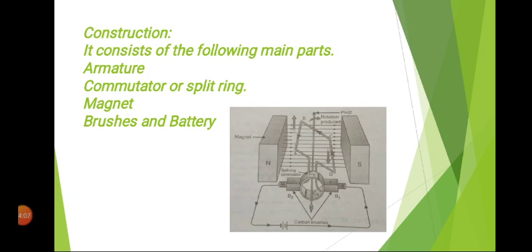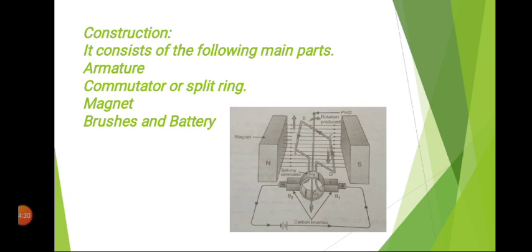This coil is placed between the poles of a magnet, and the ends of the coil are joined to semicircular metallic rings, that is C1 and C2, which are known as split rings. Okay, C1 C2 we can see in the diagram.